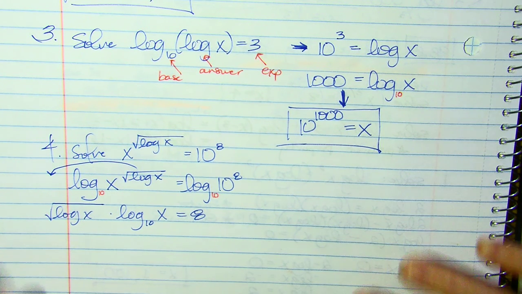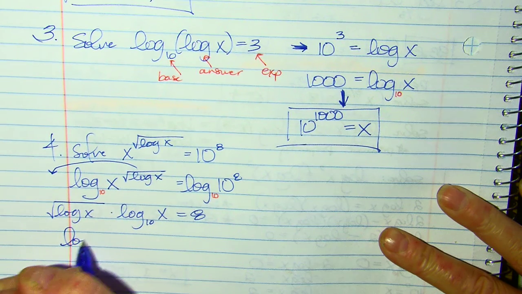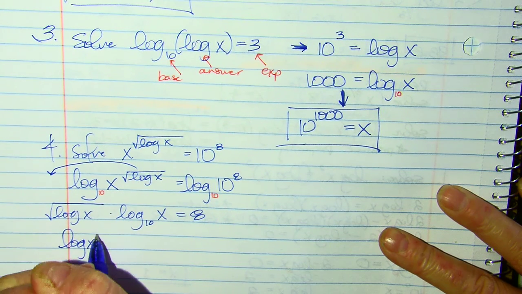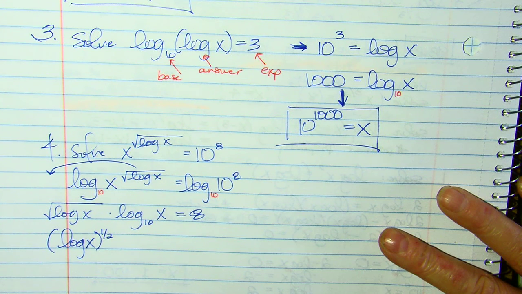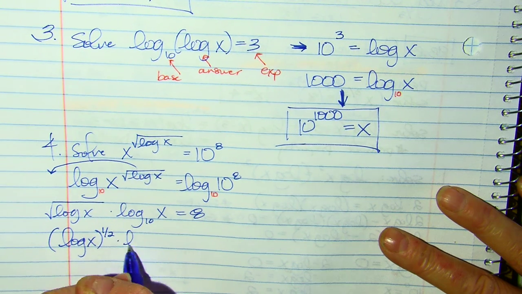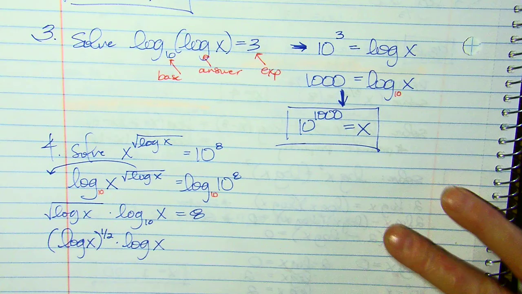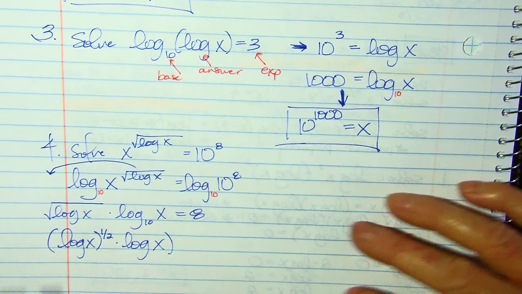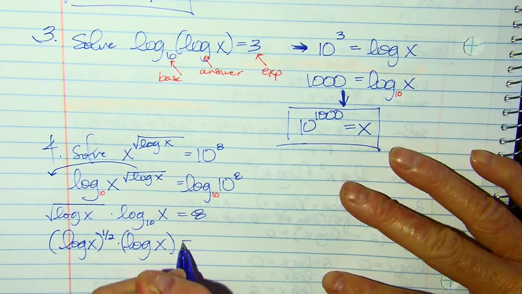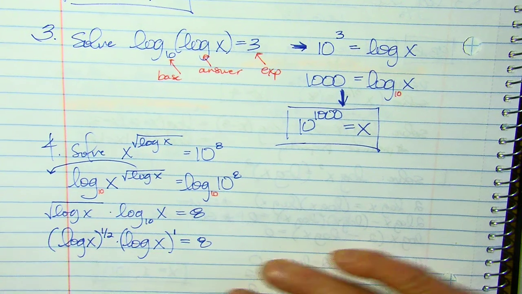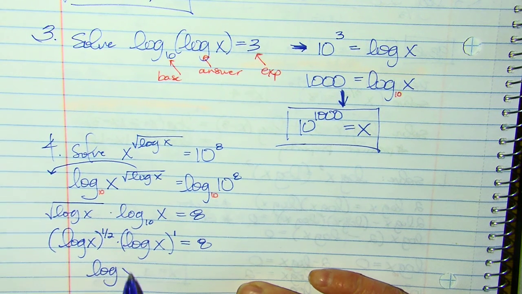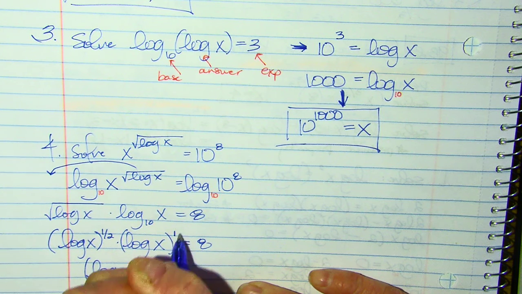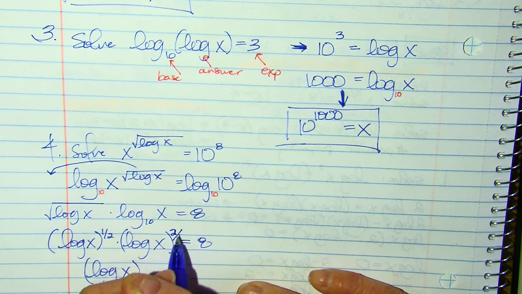On the left, I have the log of x to the 1/2, because that's the same as square root, times the log of x. These both have a base of 10, equals 8. So there's an invisible power of 1 here. So if I add those, they have the same base. I have log of x, this is 1 over 1, so that would be 2 over 2.